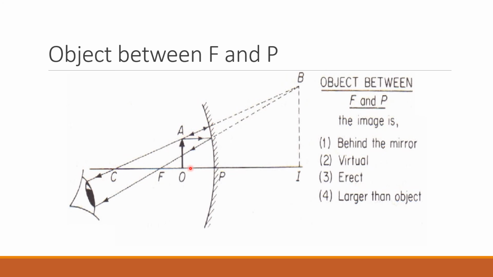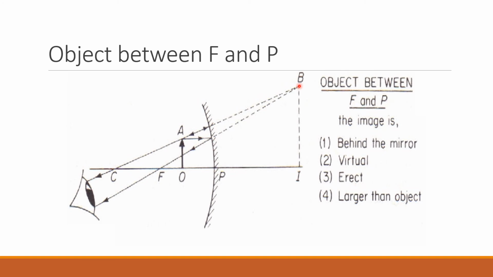Now, in this case, are the two rays intersecting? No. So it seems that these two rays appear to be diverging. That means they are moving away from a point. And let us draw an imaginary line, this dotted line and this dotted line. Fine.